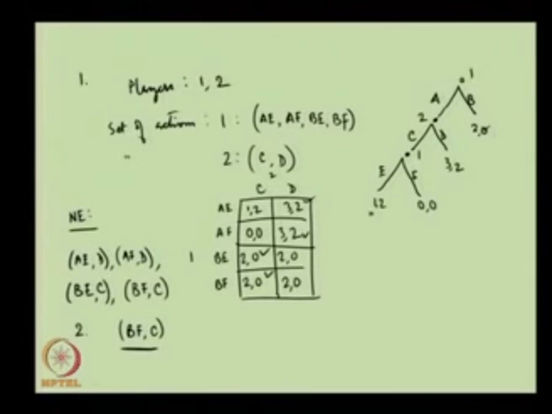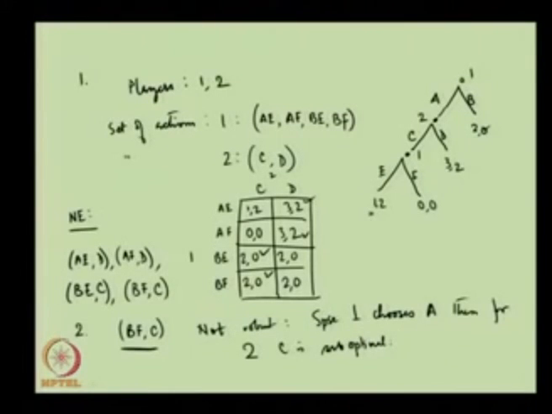Now, this is not a robust steady state. This is not robust, because suppose player 1, instead of choosing B, chooses A. Then for player 2, C is suboptimal.